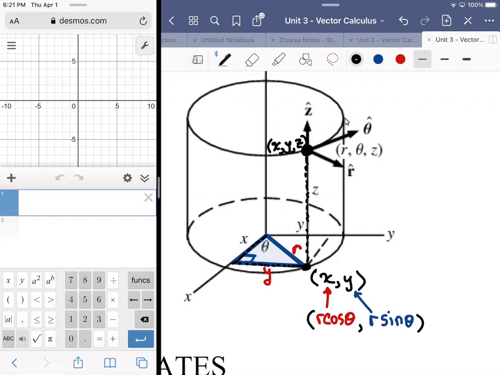Now if you project that up parallel to the z-axis, you would get a new set of coordinates that we would call r cosine theta, r sine theta, z.